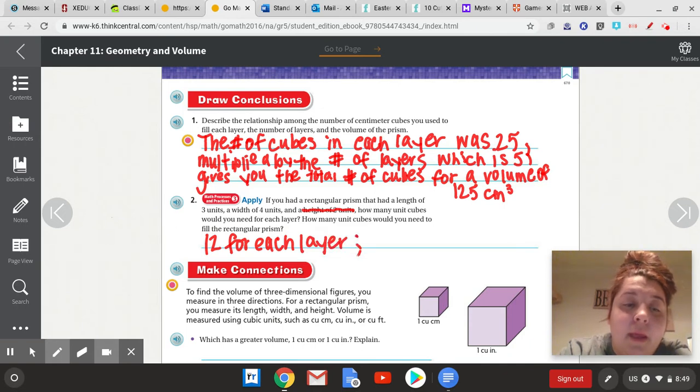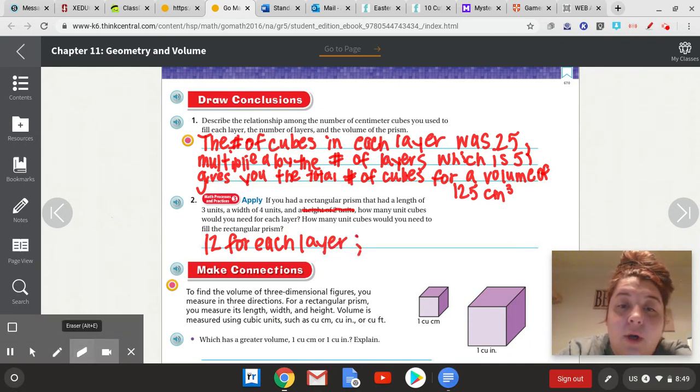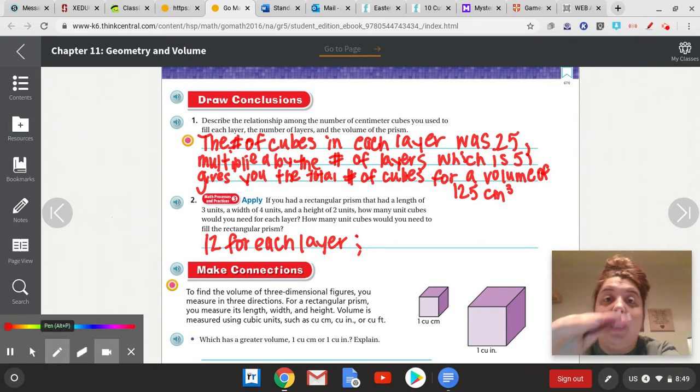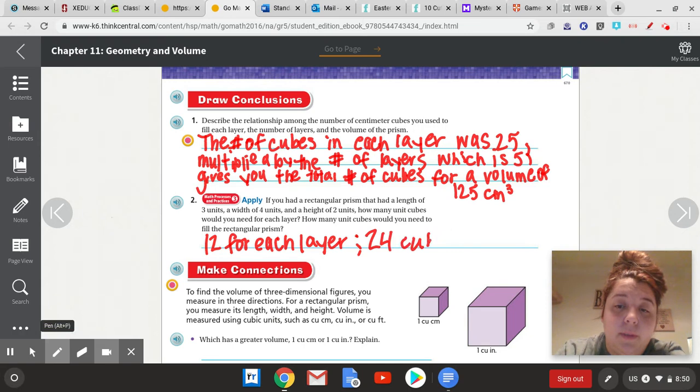Okay, then you can start applying the height. Because the height is how you're building going up. So if you need 12 for each layer, then you'll need 24 cubes to fill the prism.